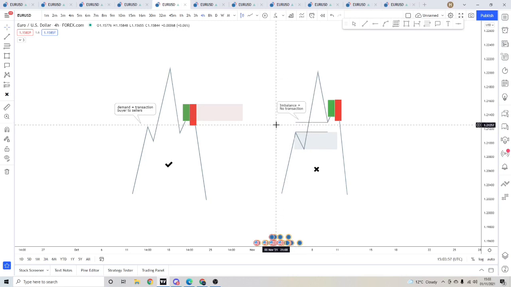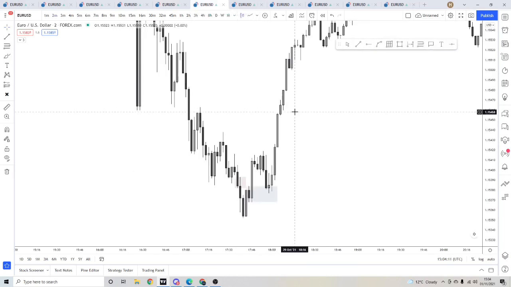There's no interaction there. This will likely get used for some inducement, we'll talk about in a minute, but we want to see some form of interaction. I'll show you on a chart what I'm talking about.